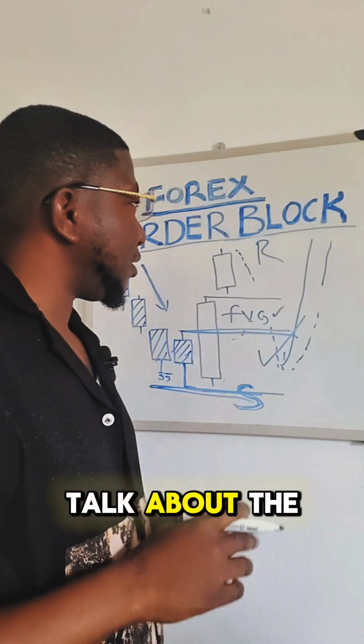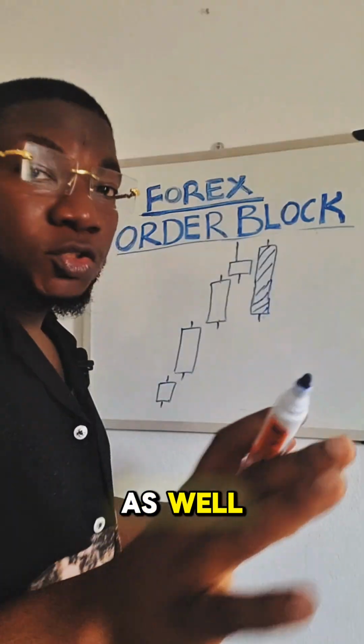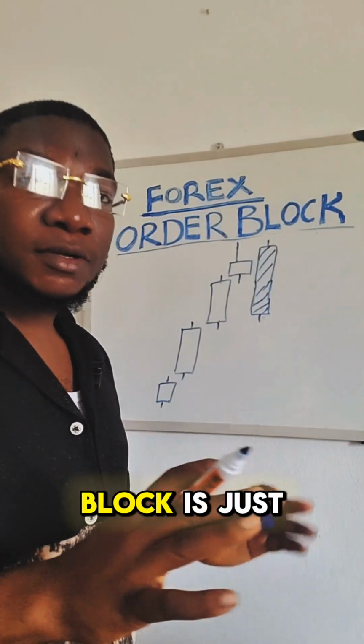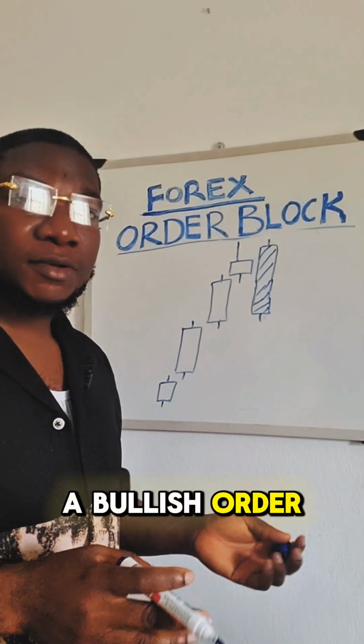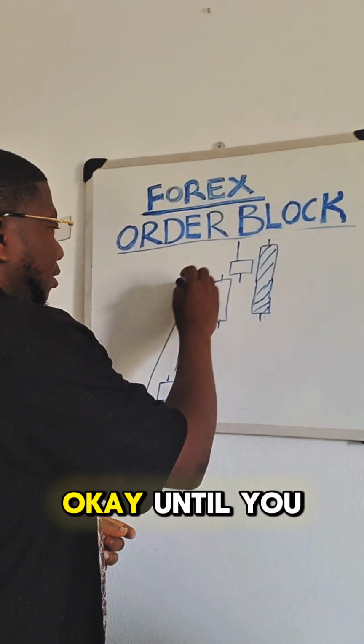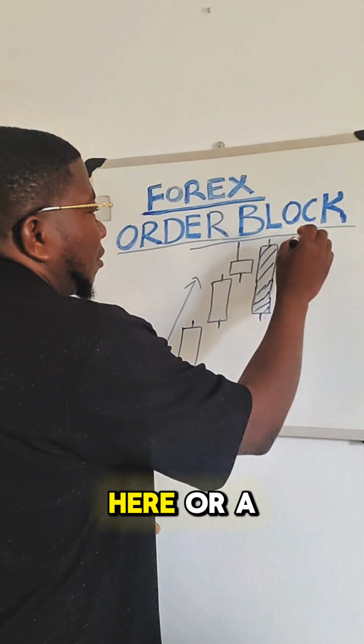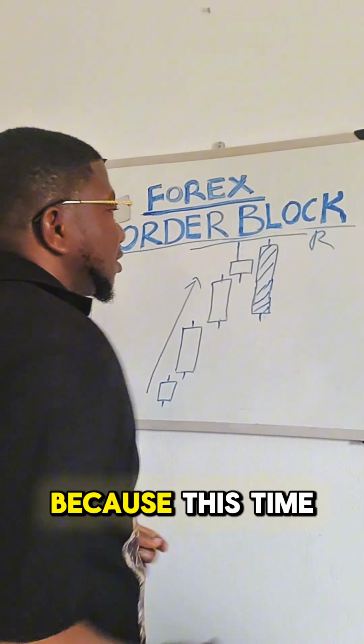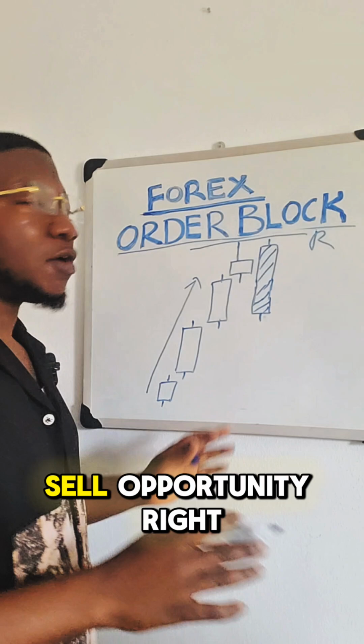Let me talk about the bearish order block as well. A bearish order block is just the opposite of a bullish order block. Let's say the market has been trending up until you get to a key level right here, or a resistance level, because this time around we are looking for a sell opportunity.